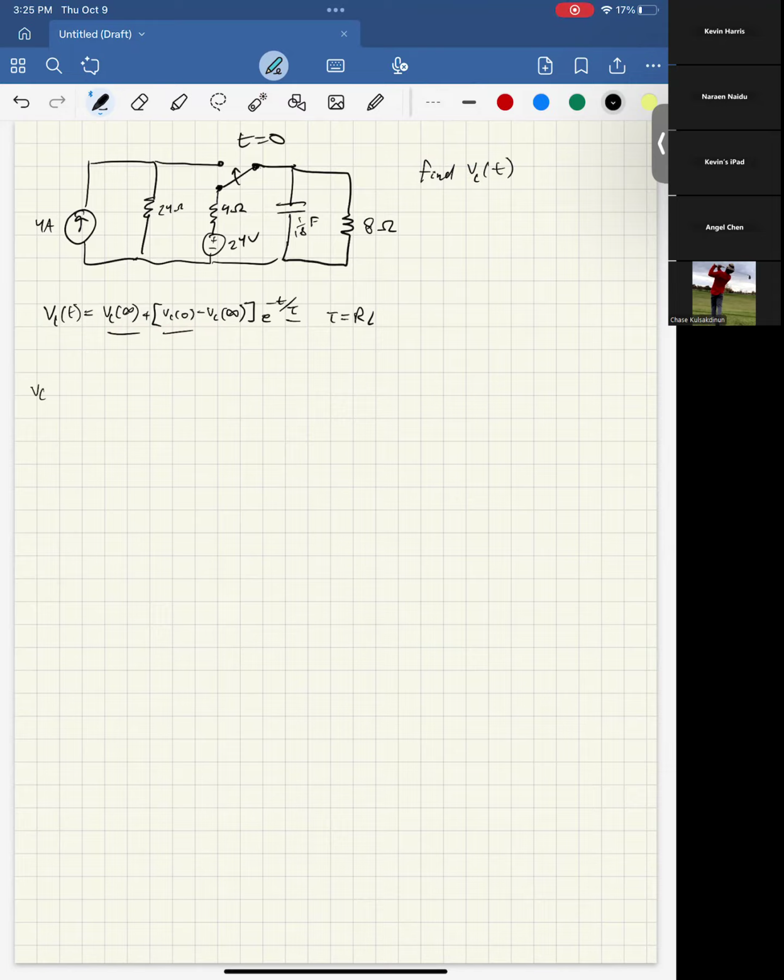So for VC of 0, that's before the switch has moved, we can ignore the entire left half of the circuit and just solve for the voltage across that capacitor, which I will write as an open circuit. Forgive my horrendous drawing here.